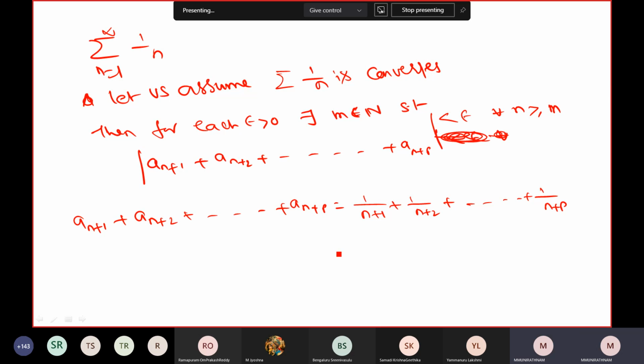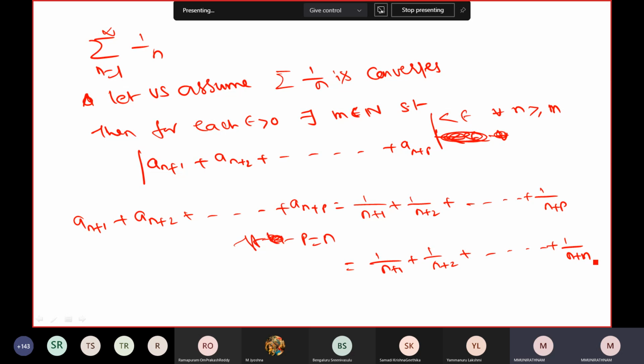So what happens here? Let p equal to m. If p equal to m or p equal to n, what it will be? 1 by n plus 1 plus 1 by n plus 2 plus and so on plus 1 by n plus m.